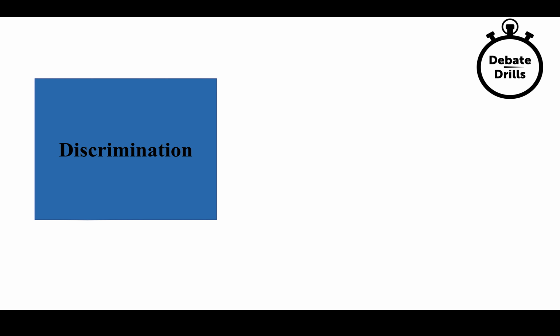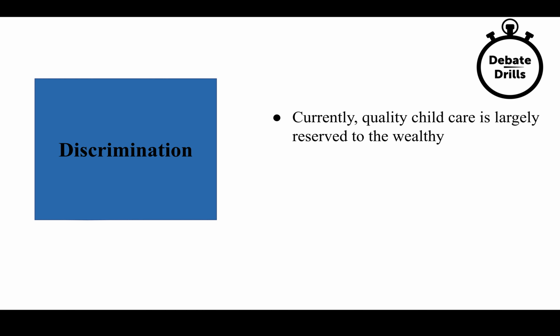There's also an argument of discrimination. Currently, quality childcare is largely reserved to the wealthy. If you're living in a large city and you have a lot of money, childcare is not a huge issue for you. You have a lot of options. But for those of us who don't live in big cities, or who don't have a lot of money, childcare is a problem. And so there's a disparate impact of a lack of quality childcare.